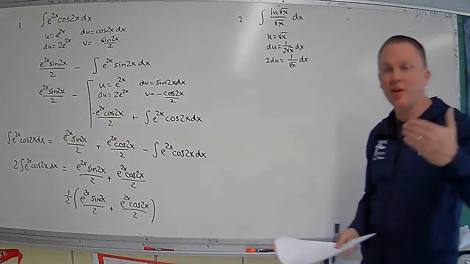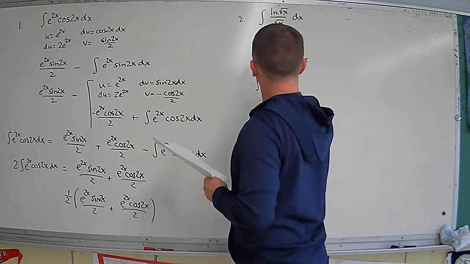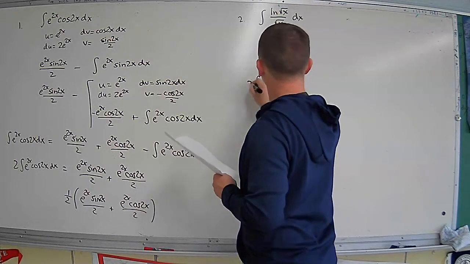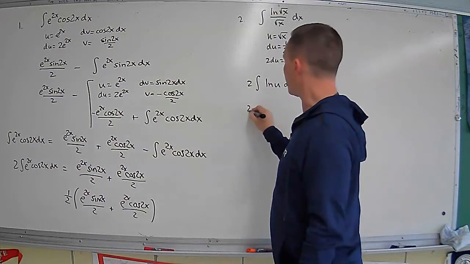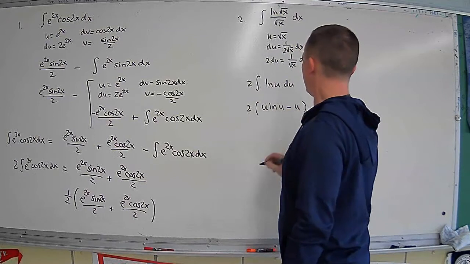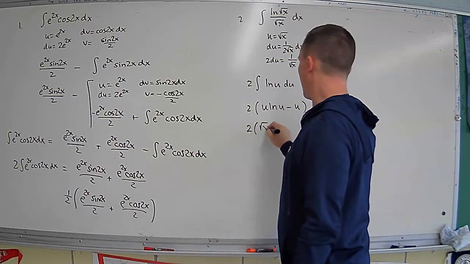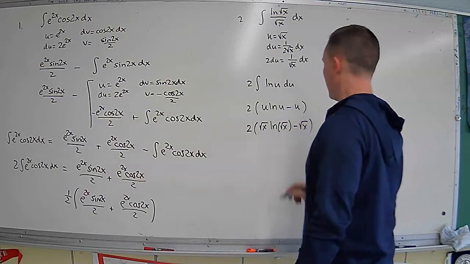Okay, now the common error here, well, let me finish this and then I'll go back to the common error. So we end up with the natural log of u, 2 du, and the antiderivative of natural log u, natural log of u minus u, or 2 radical x natural log of radical x minus radical x.